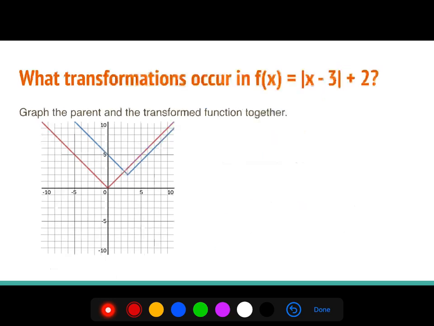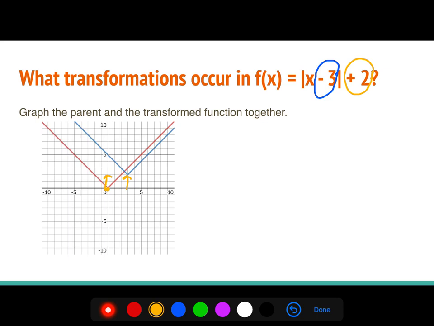All right, let's see what happened in this parent function to get him transformed, because he had more than one thing happen. We notice there's a +2 at the end, and we notice there's a -3 inside the absolute value. So we've got to figure out what happened with him. Now remember, our normal parent function is at 0, 0. So there he's at 0, 0. Well, I can already tell my guy has moved up 2 units.